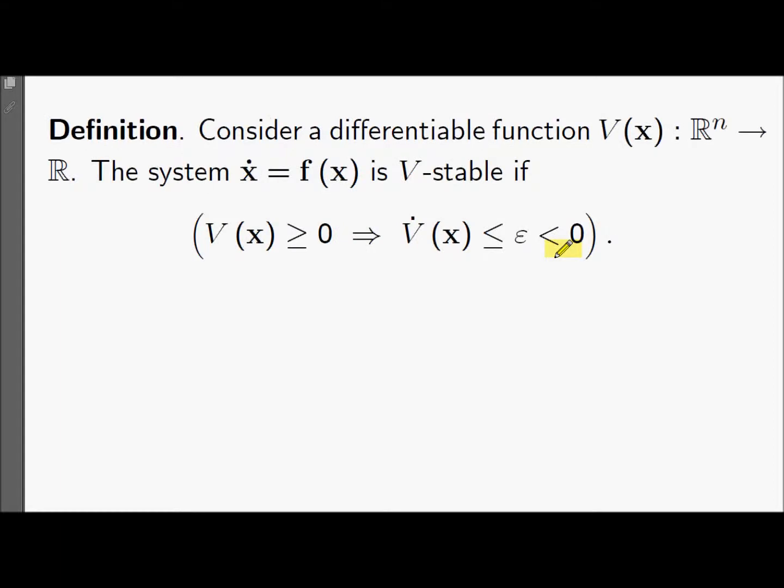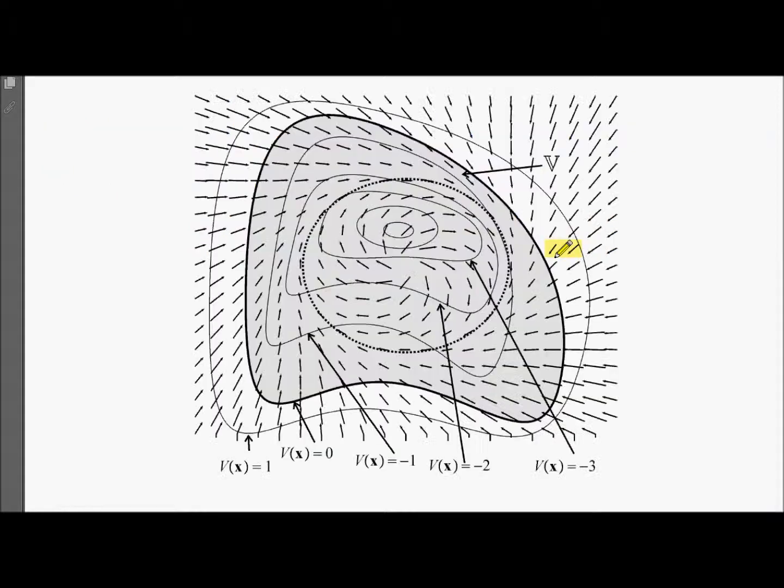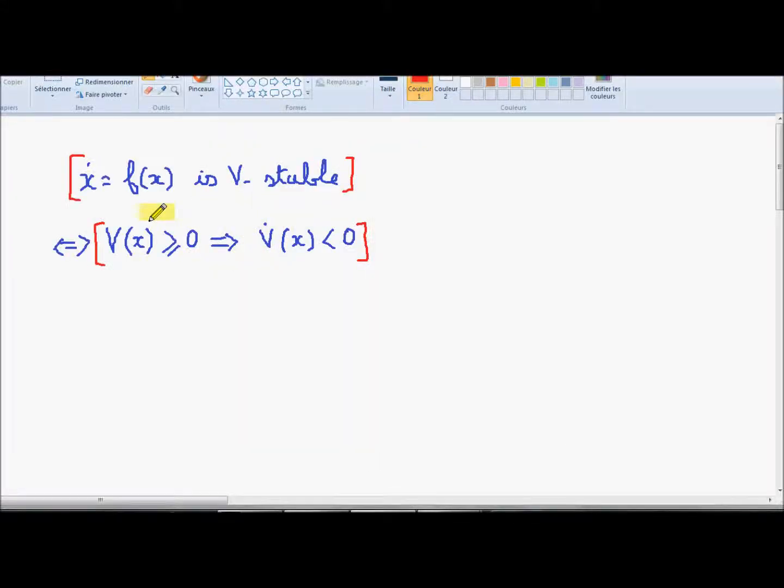I have my state space which is represented here. V is negative inside the gray set. When it is negative, I don't care what happens inside. But when it is positive, V will decrease. So I will be attracted by this set. The system x dot equals f of x is V-stable if I have this implication.